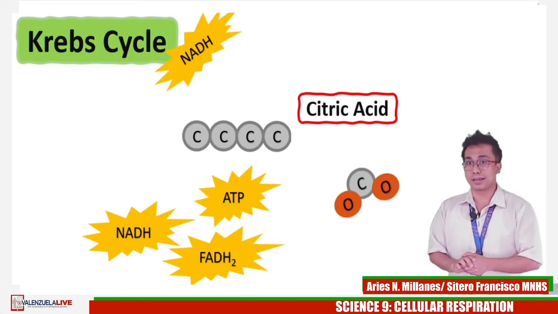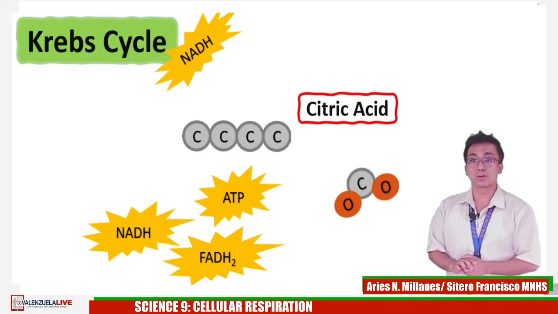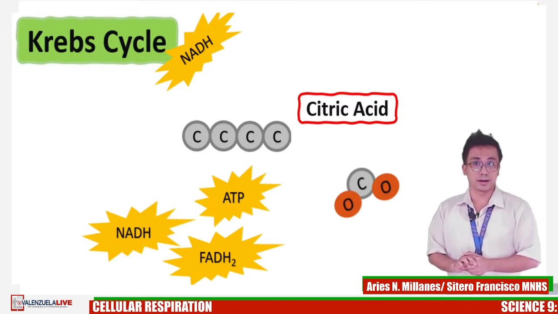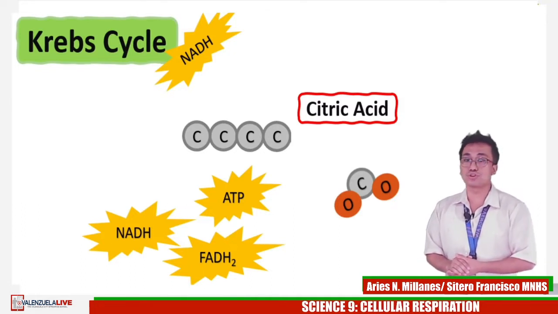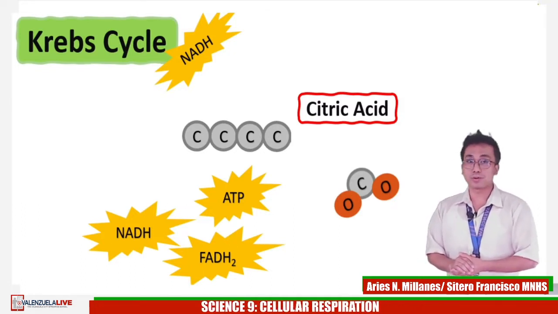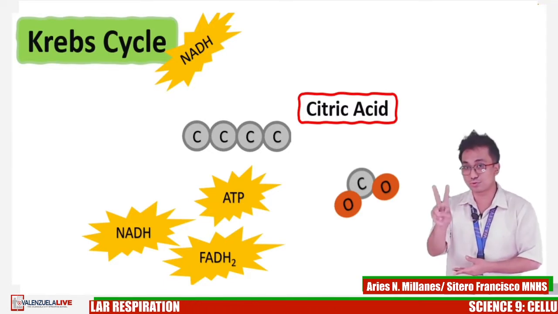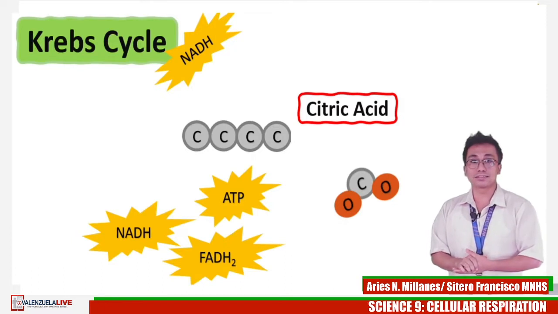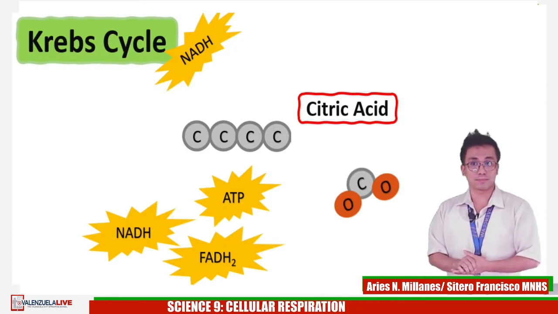During the Krebs cycle, high-energy electrons are transported to electron carriers, where 8 nicotinamide adenine dinucleotide, or we will just call it NADH for short, and 2 flavine adenine dinucleotide, or FADH2, were produced.